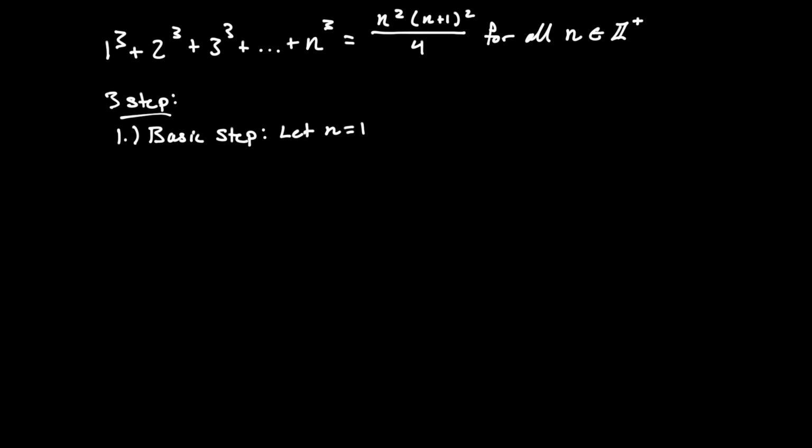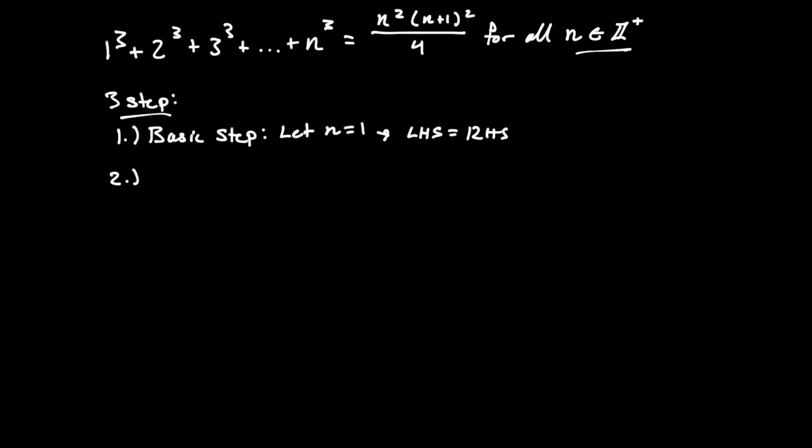So we sub in something simple like 1 or 0 or whatever, depending on what the proof is, depending on what the starting values are and, obviously, what the domain is. So all that is just a basic step, right? Just showing that both the left-hand side of the equation and the right-hand side of the equation do equal one another for at least one case.